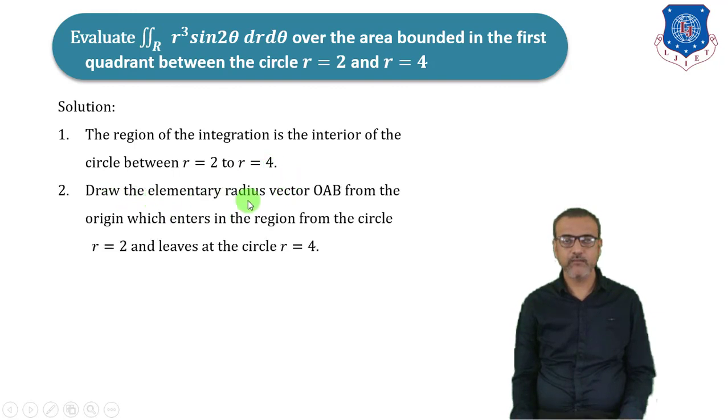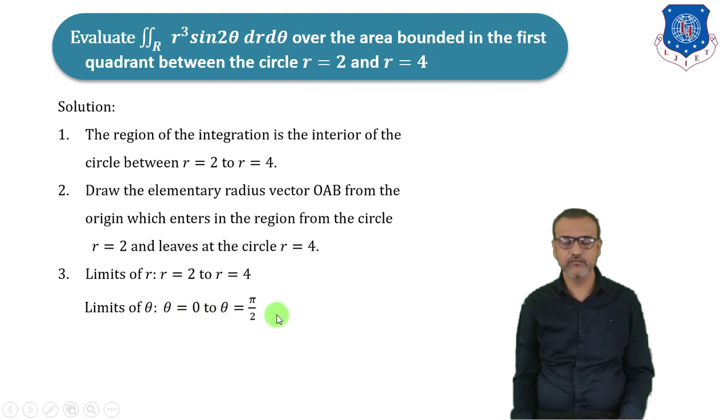Draw the elementary radius vector OAB from the origin, which enters the region from the circle r equals 2 and leaves at the circle r equals 4. I will show you this in the diagram. From the diagram we get the limits of r, that is r is from 2 to 4, and the limits of theta, theta equals 0 to theta equals pi by 2.